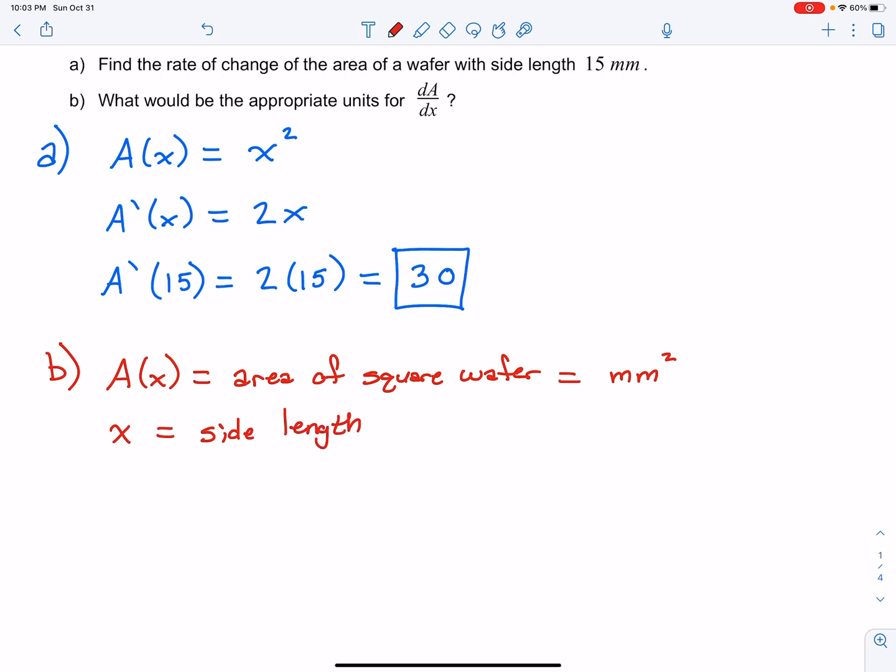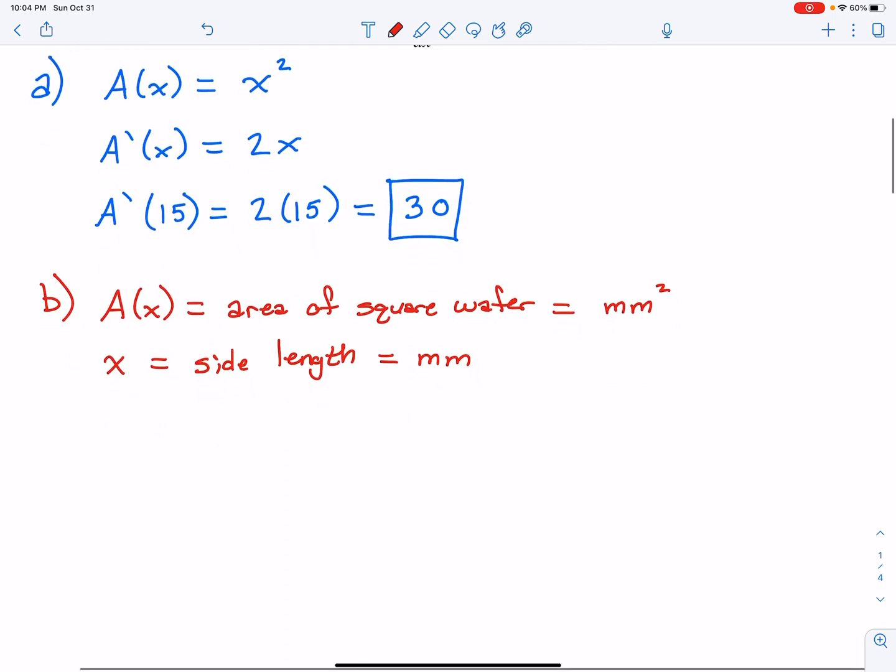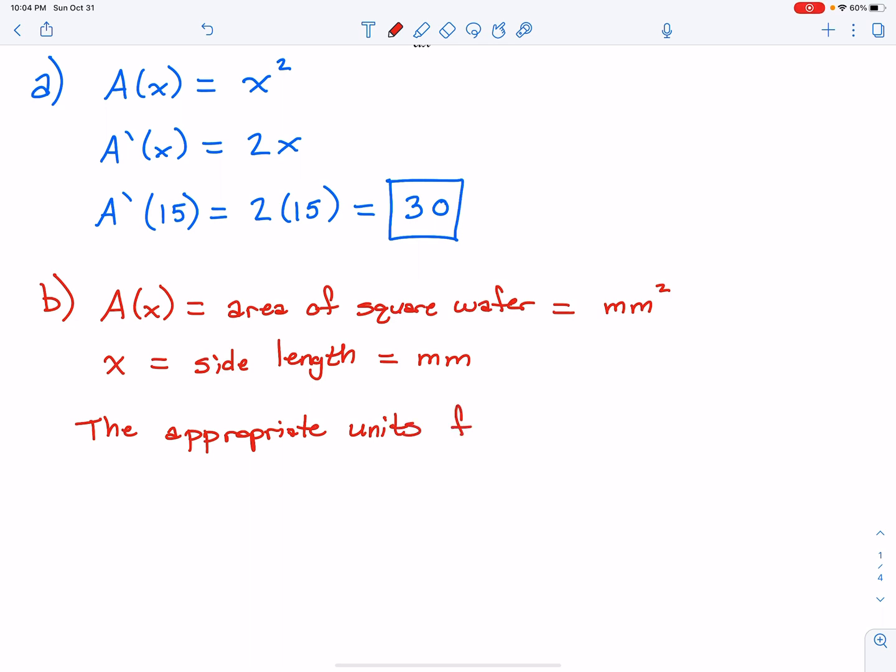And our side length, we're just measuring in millimeters. So here, the appropriate units for our derivative dA dx, remember this is just another way of saying A prime of x.